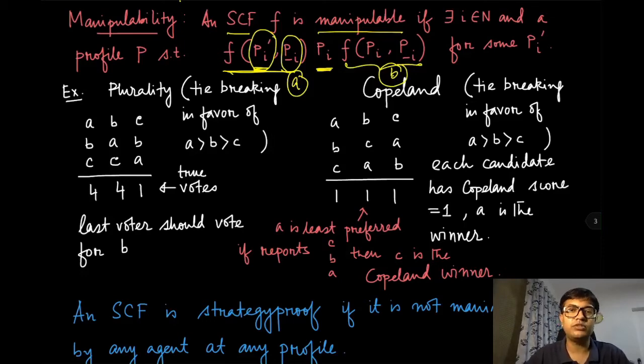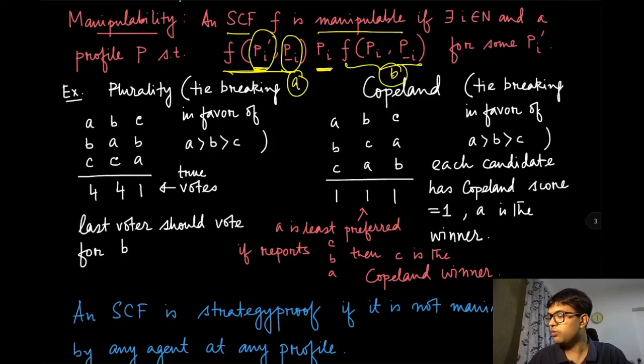In that case, what you will get is that for all agents i and for all profiles P, the inequality will essentially flip, that is, f of Pi comma P minus i should be at least as good as f of Pi prime, P minus i. That we have already defined as truthfulness or dominant strategy incentive compatibility. Here we are defining it in the reverse way, that is manipulability.